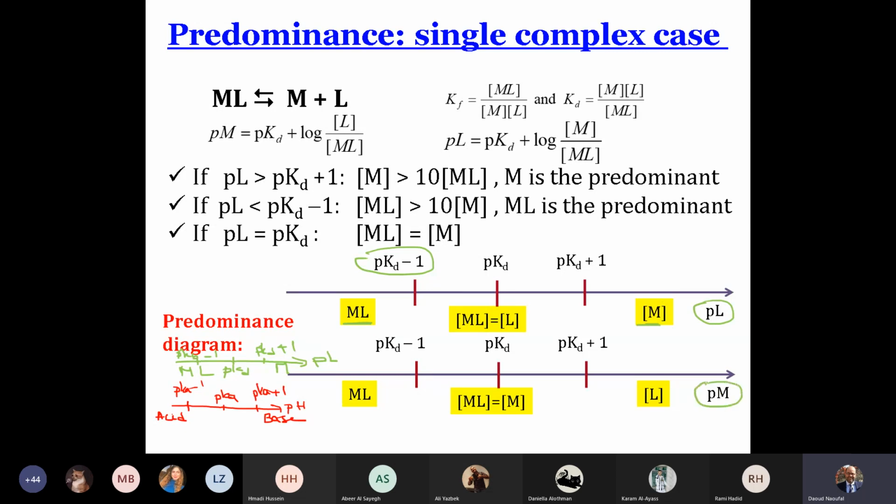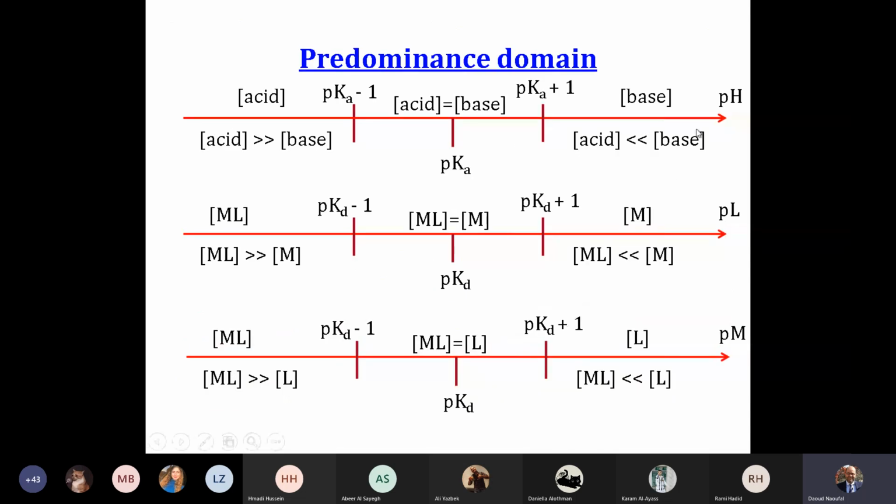On the scale of pM, if the pM is less than pKd minus 1, the complex predominates. And if pM is greater than pKd plus 1, the other acceptor predominates, which is L. So this is the same analogy of the domain of predominance in acid-base.